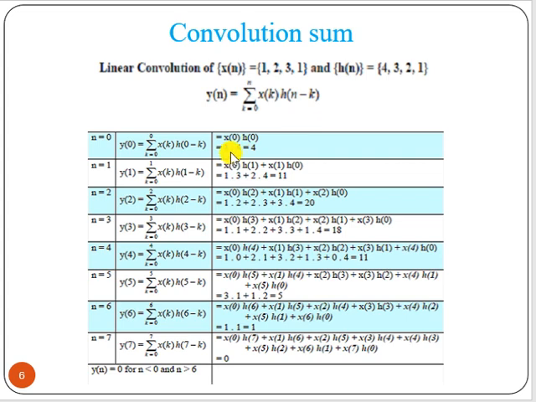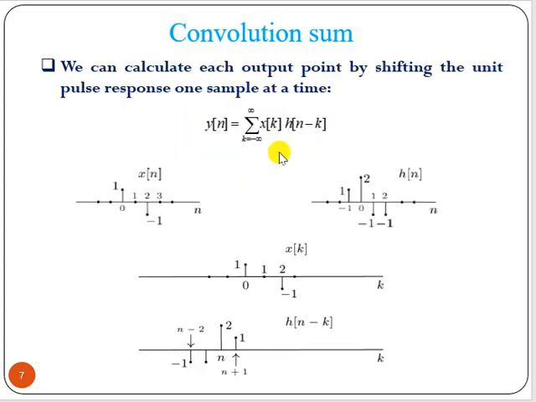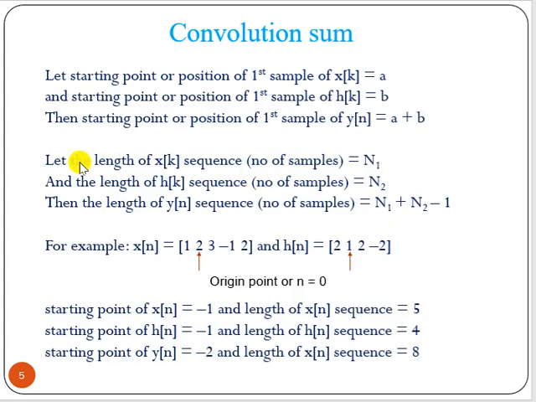Next, what should be the number of samples of yn? Say the length of the xk sequence, or number of samples, is n1, and the length of the hk sequence is n2. Then the length of the yn sequence should be n1 plus n2 minus 1.